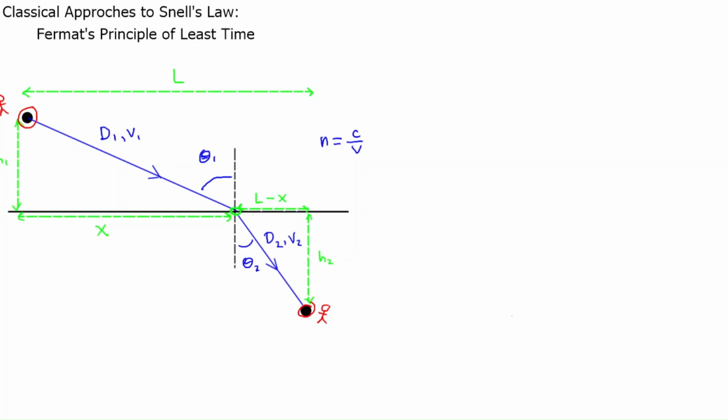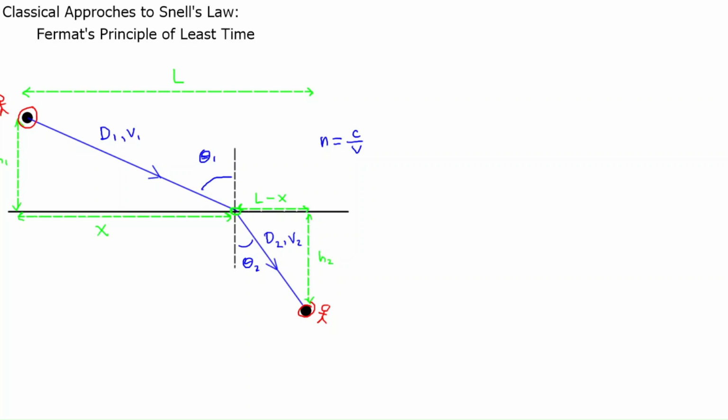So to set up least time, we're going to set up the total time as a function of x. That seems to be a handy variable here. Then we want to minimize that as a function of x. So let's start.